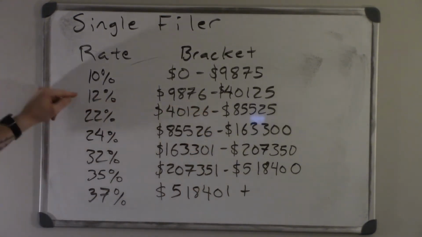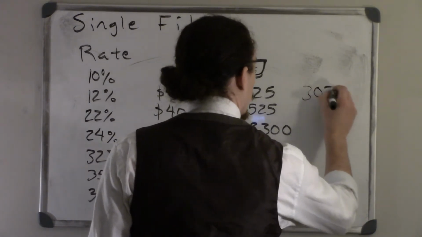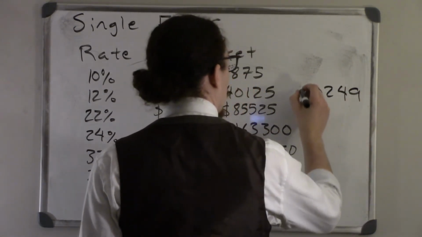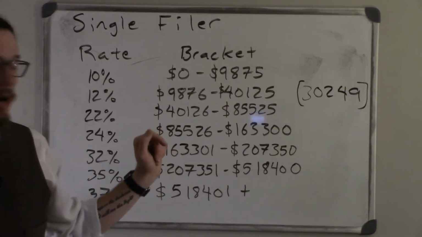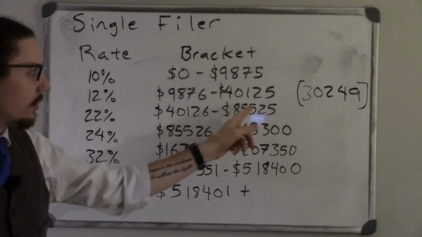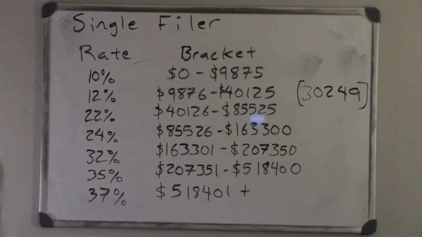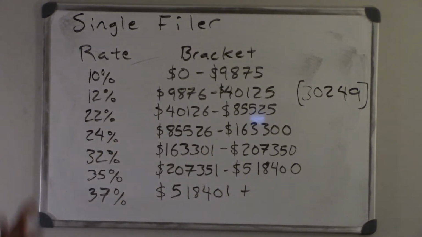For this rate of 12%, you're going to be paying that 12% rate on the $30,249 that is in this tax bracket. Then you would pay 22% on all of the money that falls into this one, and so on and so forth. So your tax rate is not going to be 32% for that entire amount.